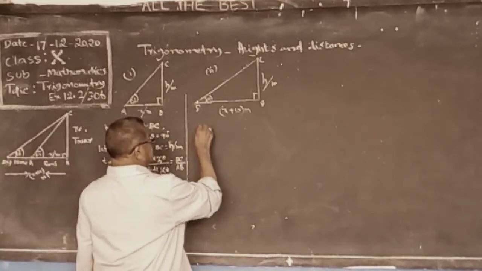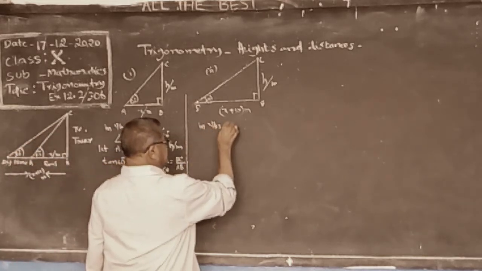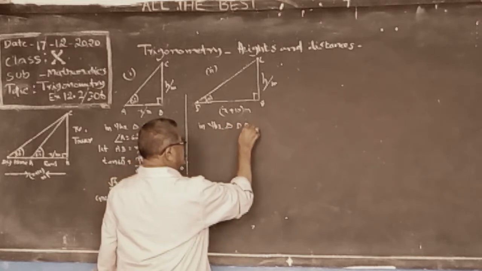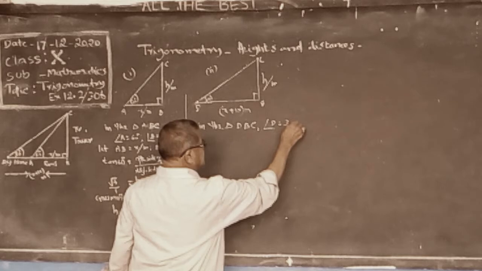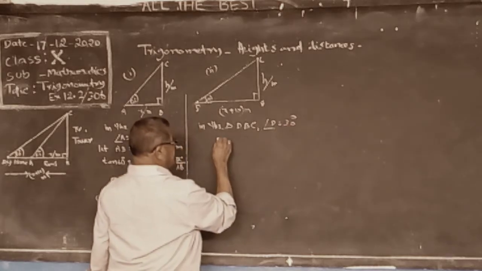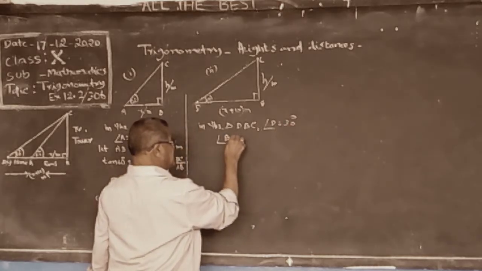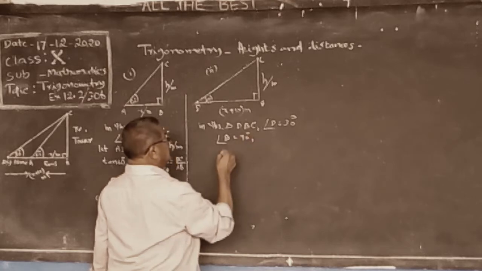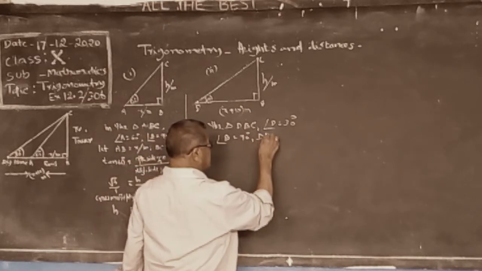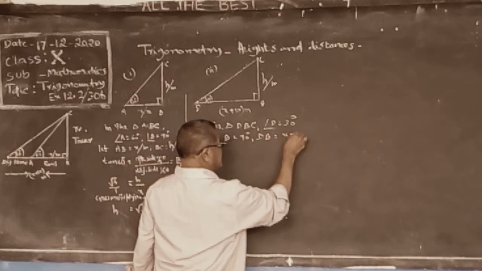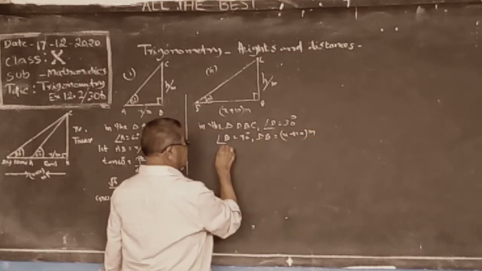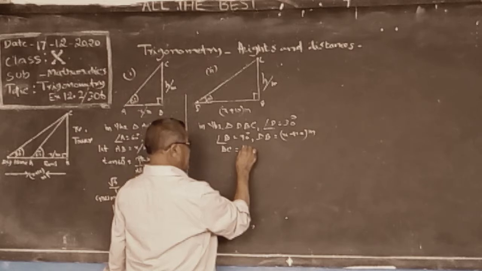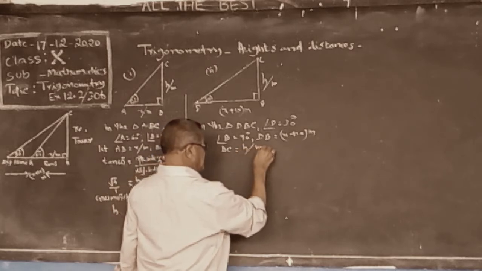Second, in the triangle DBC, angle D is 30 degrees, angle B is 90 degrees, DB is x plus 10 meters, BC is equal to h meters.